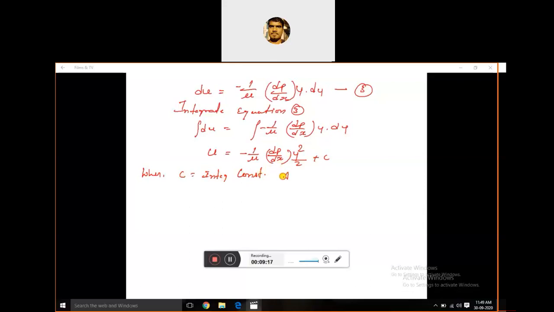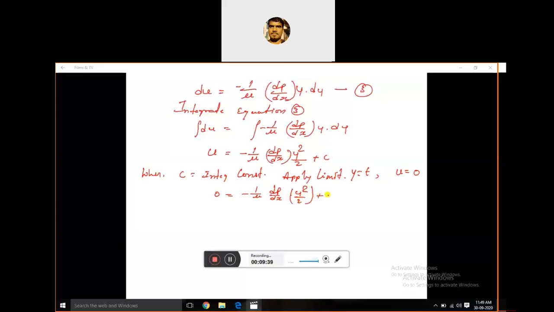Means where the velocity is maximum, where the velocity is minimum. So when y is equal to t, velocity is 0. Means at the two surfaces the velocity is 0. So apply that into the above equation.